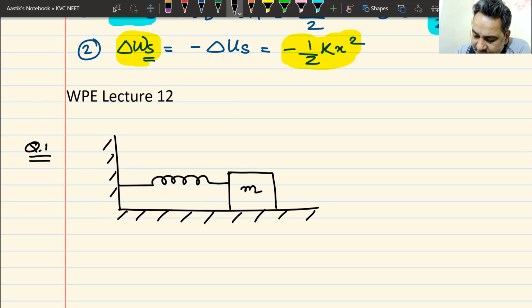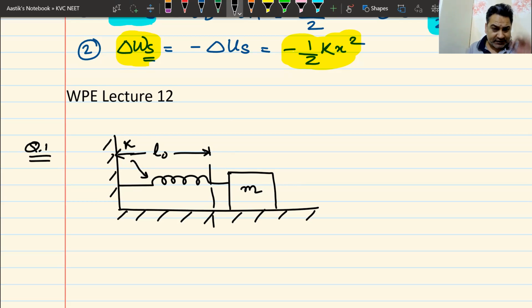The spring constant of this spring is given as k. Natural length is not given, but I'm giving you the natural length. The natural length is L0, and this spring is extended by an amount x. As you can see, initially the spring is extended by x.